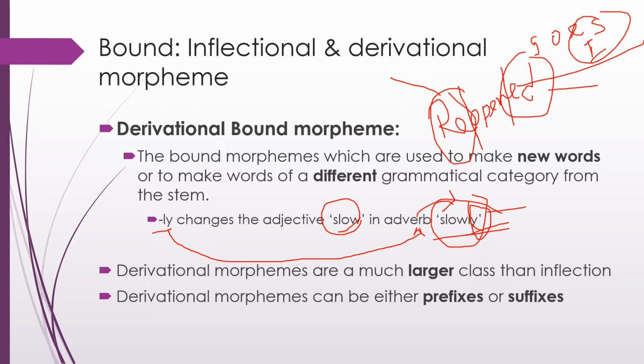Rather, I am saying that re is only a bound morpheme and ed is an inflectional morpheme. But a derivational morpheme can be used both as a prefix or as a suffix. For example, careless: care and less. Here we can see that less, this derivational morpheme, is used after care as a suffix, and ly is also used as a suffix in the word slowly.